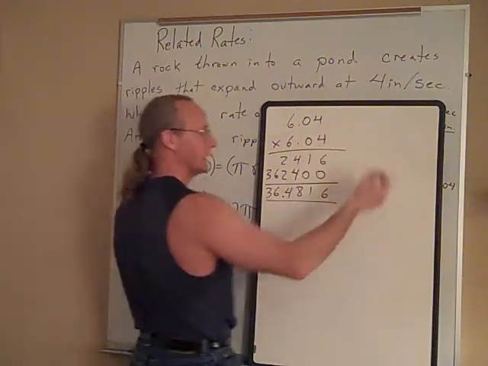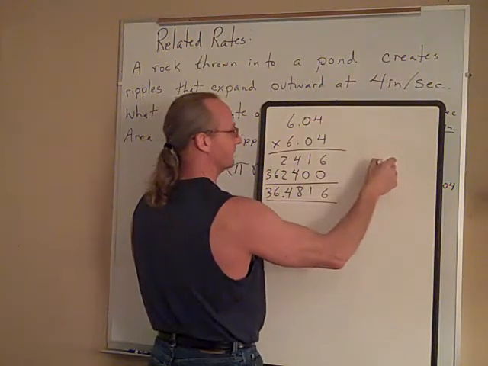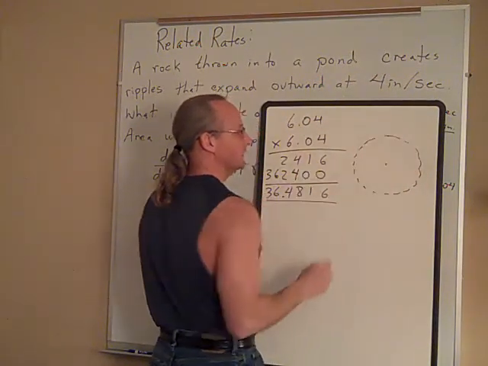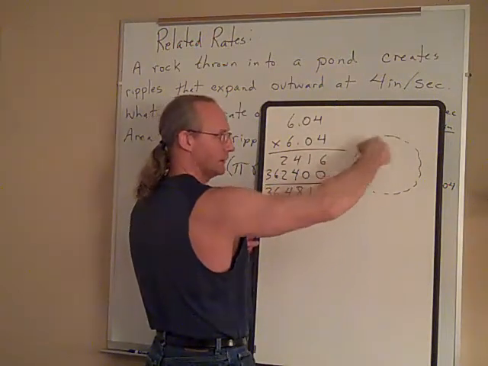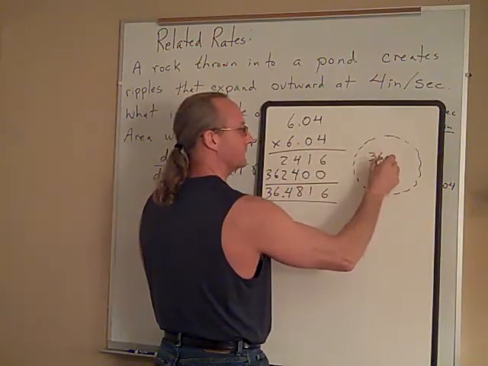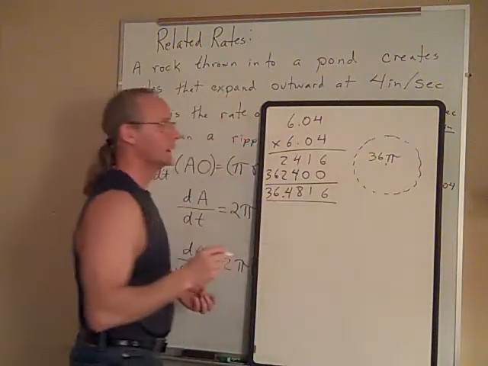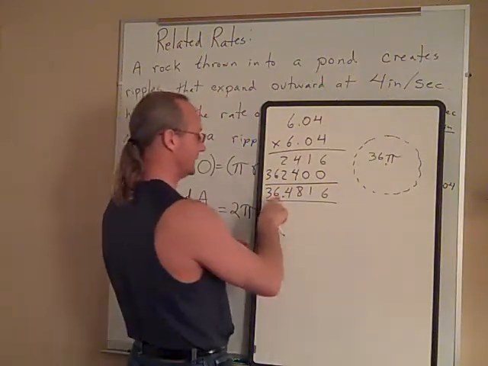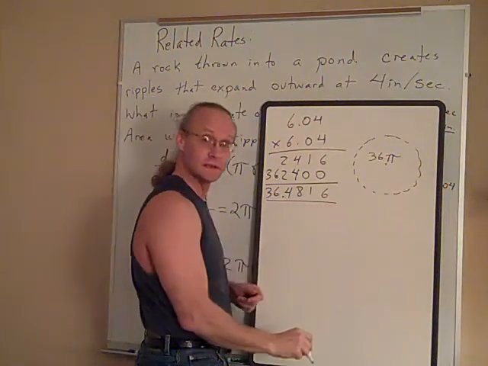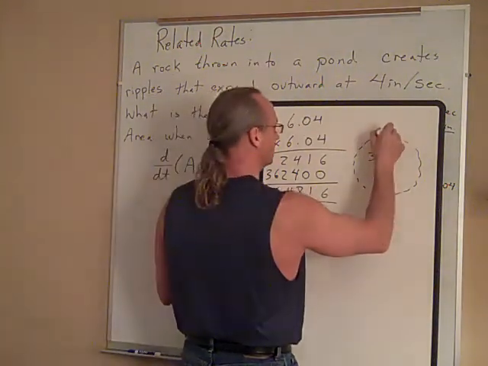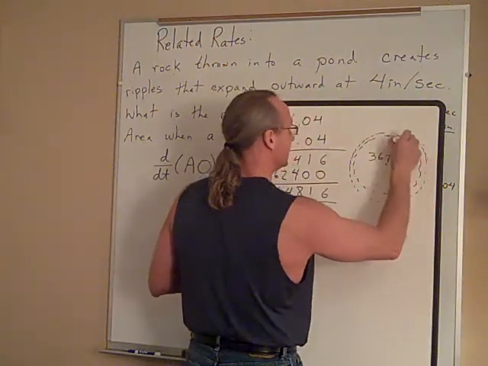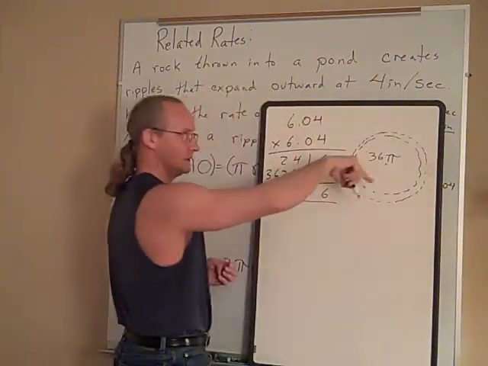So here's what happened. The area of this ripple was 36 pi. After 1/100th of a second, it's 36.4816 pi. It's not very much bigger, but just a little bit.